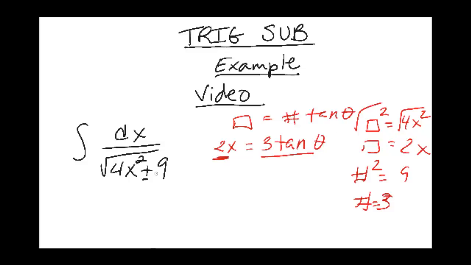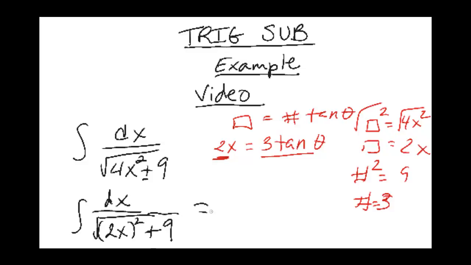Well, I don't really see a 2x. So I need to rewrite the problem to where I can visualize what's going on easily. And we know that 4x squared is nothing more than 2x all squared. So then we have a 9 here, and then we have the ability to plug in, and we get the square root of 3 tan theta.